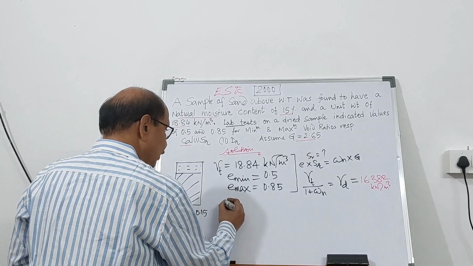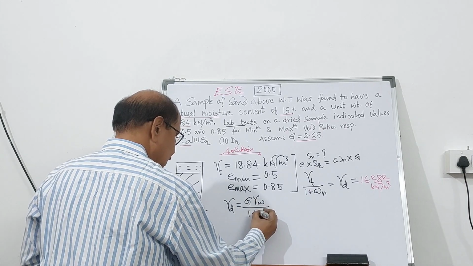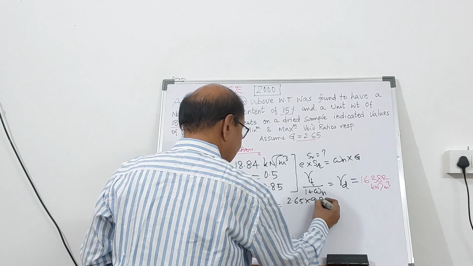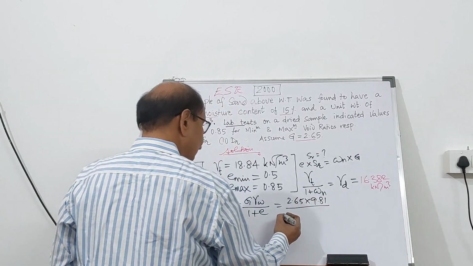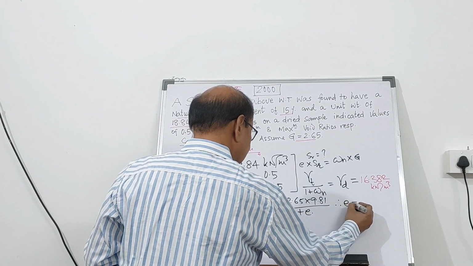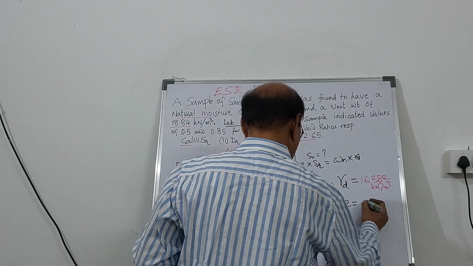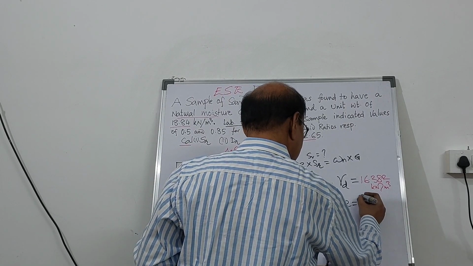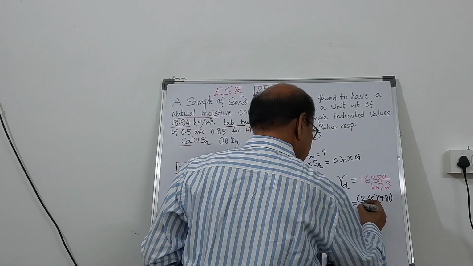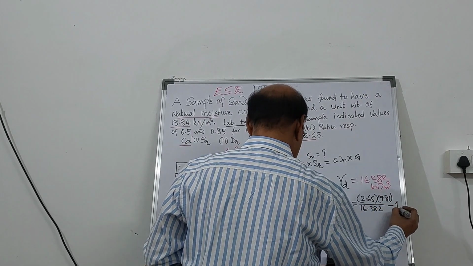G is given. So on substitution, 16.382 equals 2.65 into 9.81 divided by 1 plus E. Therefore, we can simplify and get the value of E equal to 2.65 into 9.81 divided by gamma d, that is 16.382, minus 1.